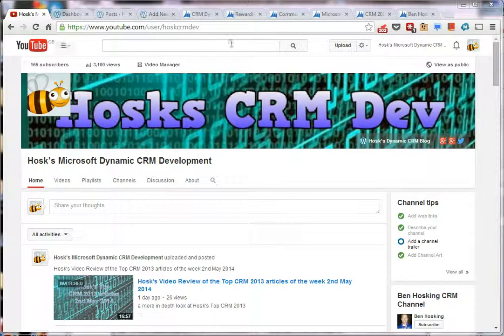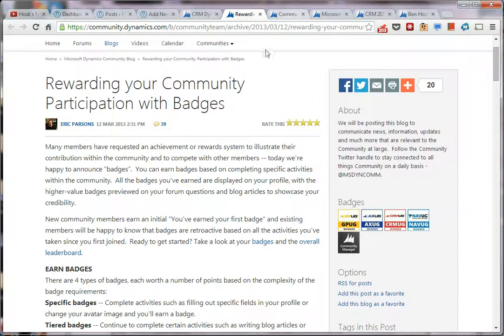So what are badges? On the 12th of March 2013, Microsoft changed their achievement system to a reward system, to reward members with badges if you've done certain actions.